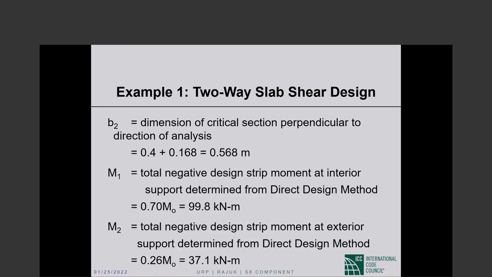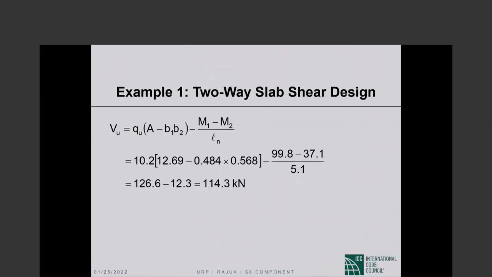The 70 plus 26 adds up to 96. Half of that is 48. The remaining 52% is the bending moment in the span. So the M sub 1, the first interior support moment, is 99.8 kilonewton meters. M sub 2, the exterior support section moment, is 37.1 kilonewton meters. So we have all the numbers here now.